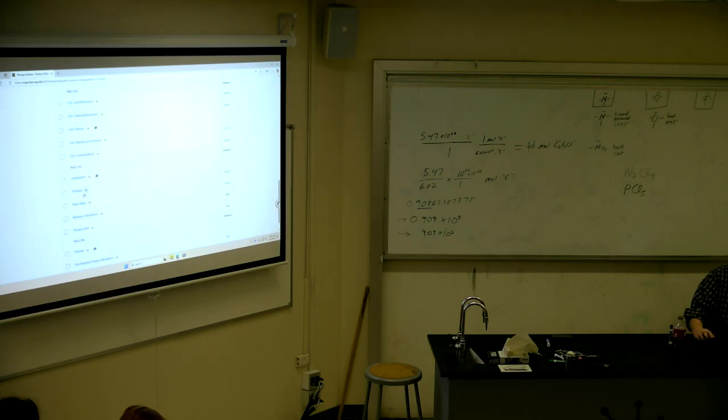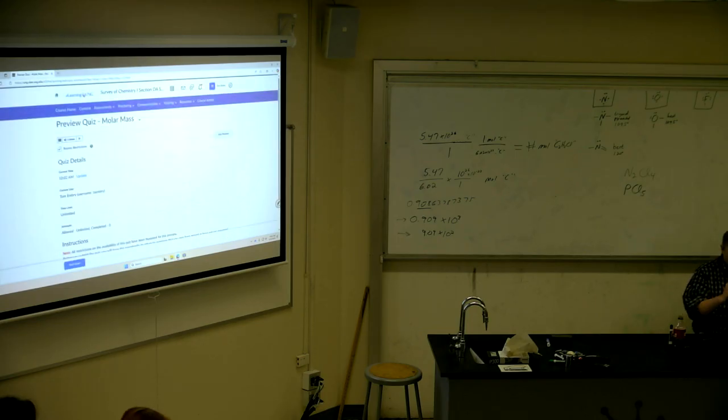All right. So that was the mole. Now molar mass, think grams per mole for molar mass.